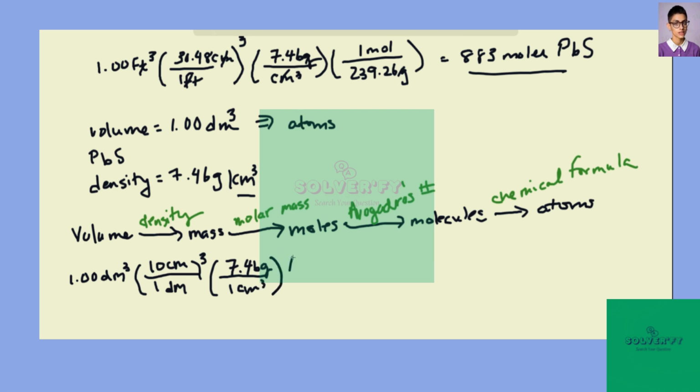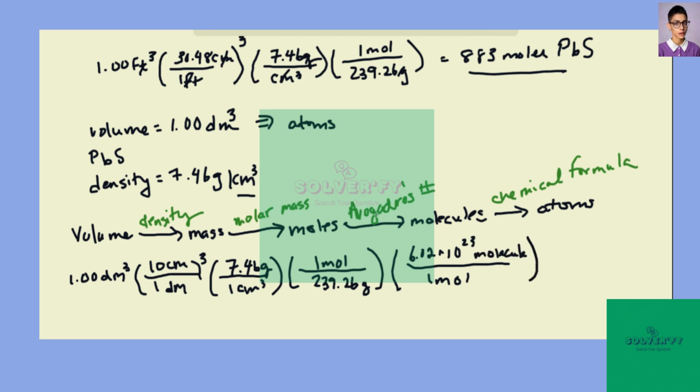And then we go to moles. Using the molar mass we found above, 1 mole is equal to 239.26 grams. For molecules, we know that 1 mole of any substance contains 6.02 times 10 to the 23rd units, which in this case is a molecule.